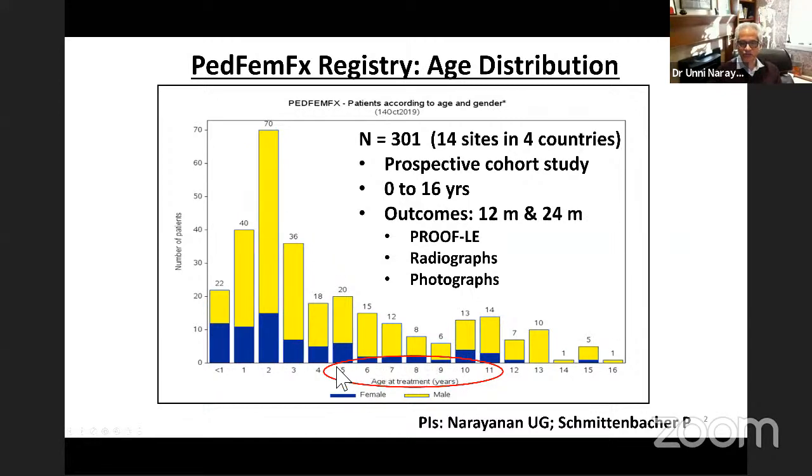The next largest group were in the combined 5 to 11 years of age, and you can see the distribution between boys in yellow and girls in blue, and that ratio persists across all age groups. We're following these children up to 24 months if there are problems beyond 12 months of age, with patient report outcome measures, radiographs, and photographs.